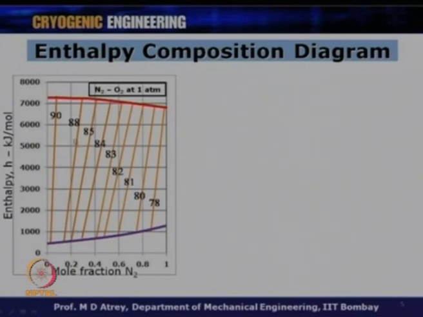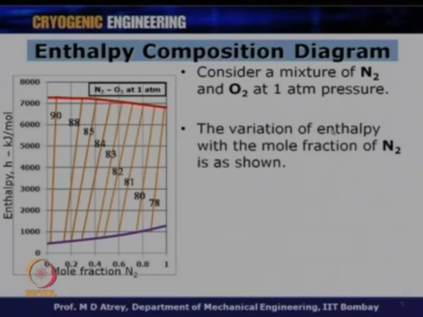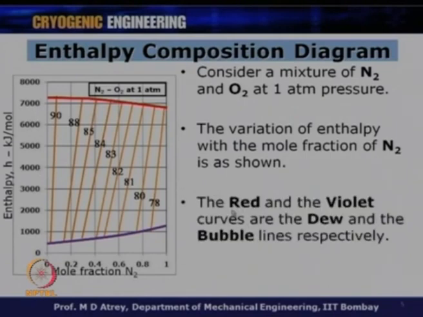And now, what you can see is two lines, and there are temperature lines across this. So, what are they? Let us consider a mixture of nitrogen and oxygen at 1 atmosphere pressure. The variation of enthalpy with the mole fraction of nitrogen is as shown. You can see the mole fractions on the x axis and the enthalpy on the y axis. Now, here what you can see are different colors. One is a red color, one is a violet color, and then there are connecting lines in a different color for the temperature. The red and the violet curves are basically the dew and bubble lines respectively.